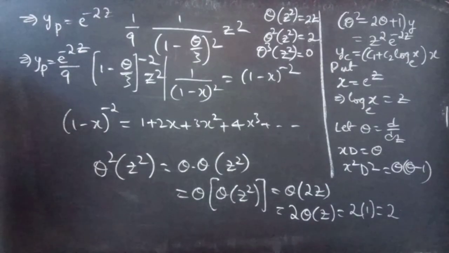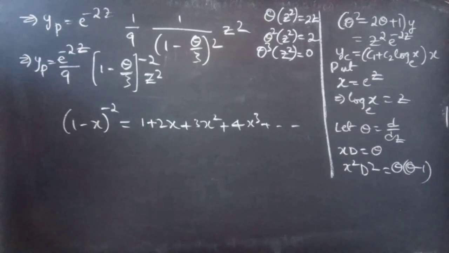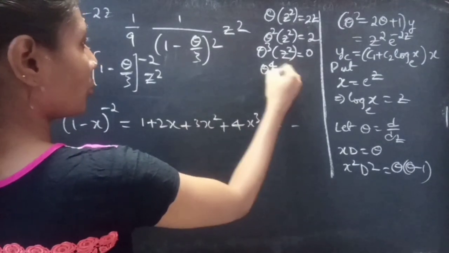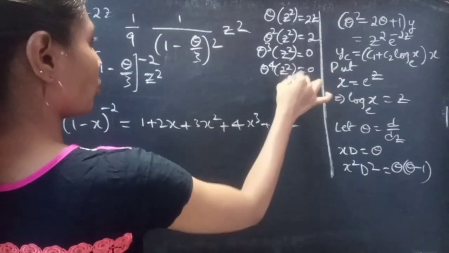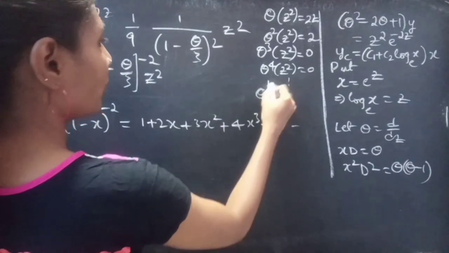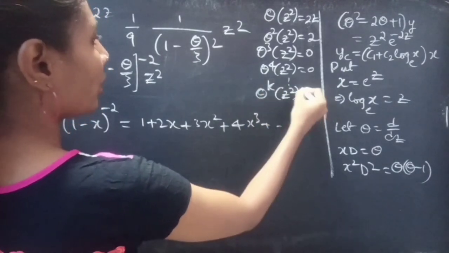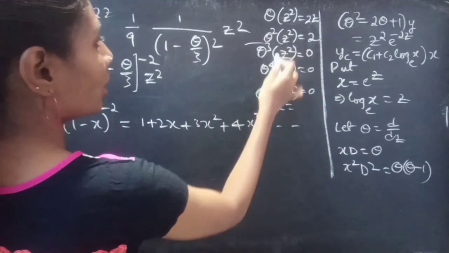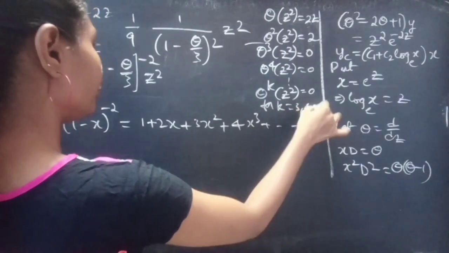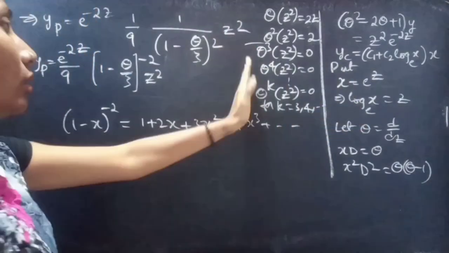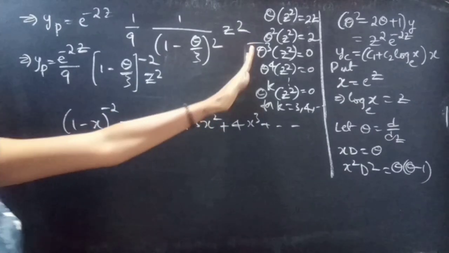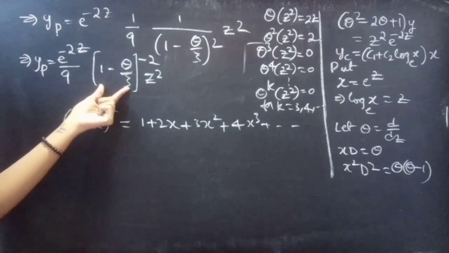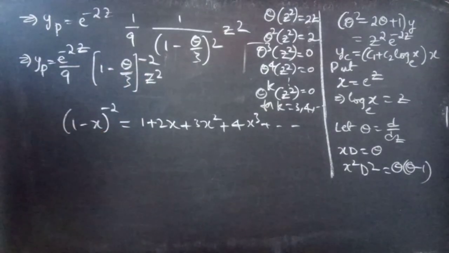Likewise, we'll get the higher derivatives 0. Higher derivatives of z square are 0. Okay, similarly, theta power 4 of z square is 0 and so on, right? In general, we can write theta power k of z square is 0 for k equals 3, 4 and so on. Now, keeping all this in mind, we'll expand 1 minus theta by 3 whole power minus 2.